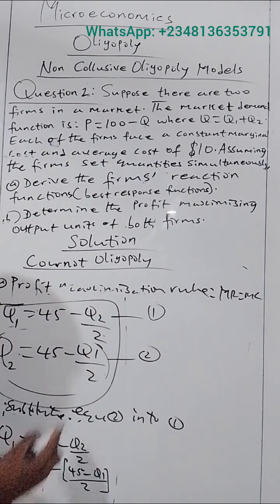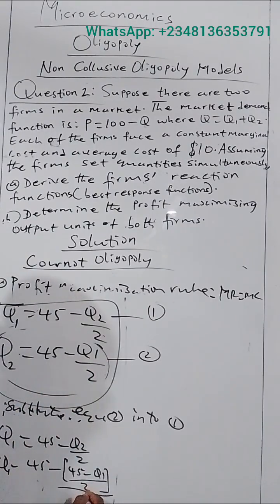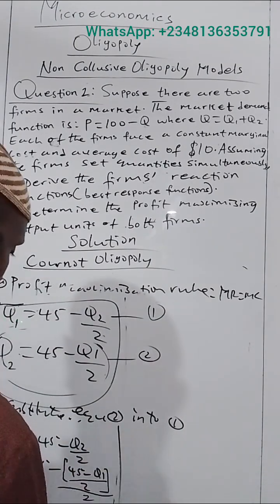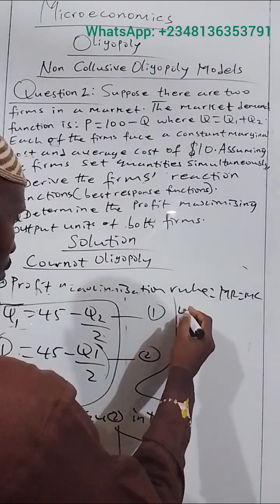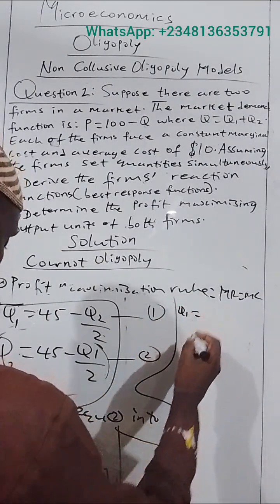That represents my Q2, then divided by the 2 that is there already, divided by 2.